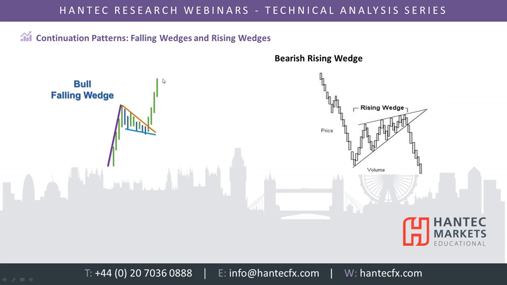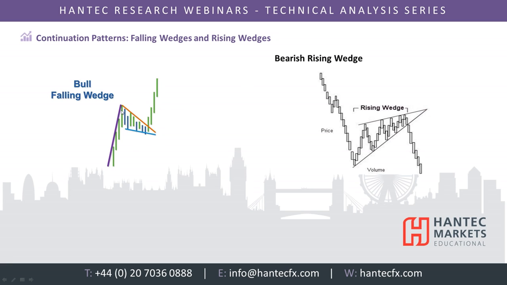Right, quickly on to wedges. Wedges I see as longer term flag patterns. You will often see wedges happen over the course of several periods, whereas flags are often over just a few. So you tend to find wedges are more longer term patterns. But they are a very similar concept to flags.